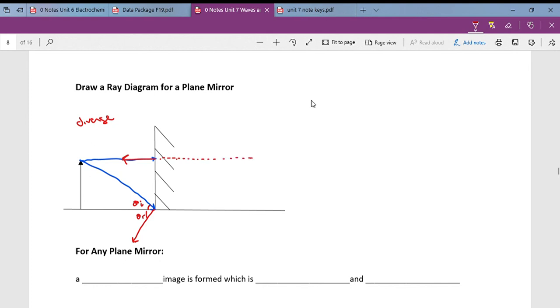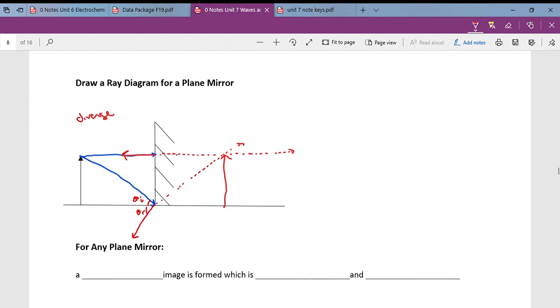And so you're going to take the first one and just keep it going and make it really long. And then you're going to take this one and you're going to extend it until it hits the other one. And the intersection point of these two reflected rays is going to be where your image is formed. And for a plane mirror, you are always going to get a virtual image.